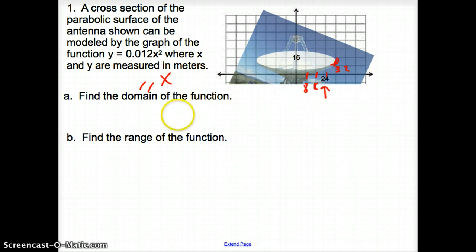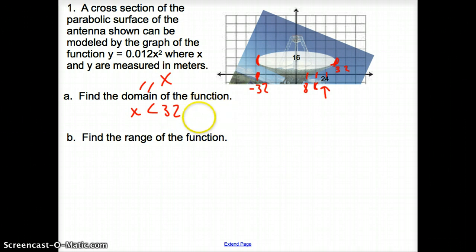So I know that my domain, x, is going to be less than 32, because the antenna is not going past 32. And now if we go the other direction, we're going -8, -16, -24, and we're going to end up here at -32, because the antenna does not go past x is -32.